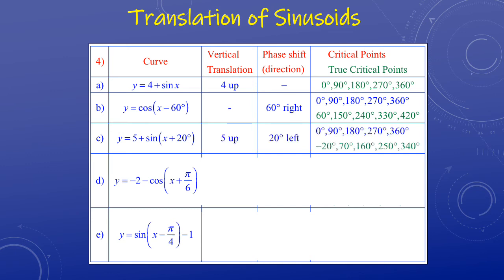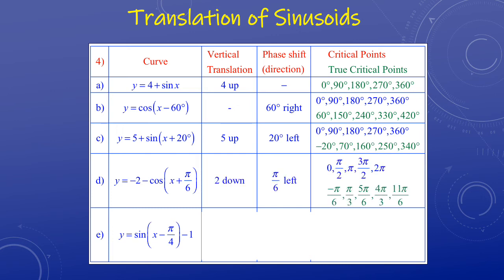In C, we have y is equal to 5 plus sine of quantity x plus 20 degrees. Our vertical translation is 5 units up, and our phase shift is 20 degrees to the left. Again, our critical points are 0, 90, 180, 270, and 360, and subtracting 20 degrees from each, we get negative 20, 70, 160, 250, and 340 degrees.